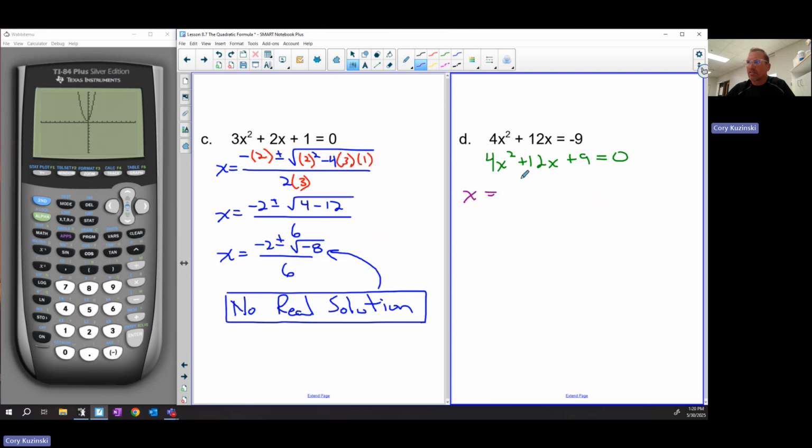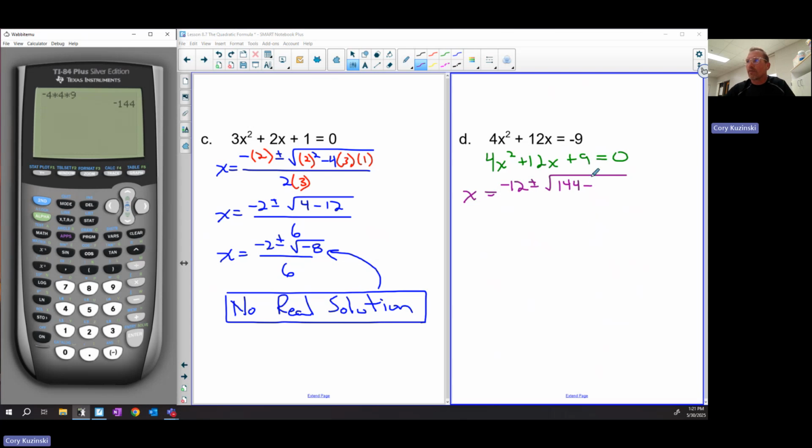Let's just do it on the fly here. -12 plus or minus the square root of b squared. 12 squared is 144. Minus 4 times a times c.